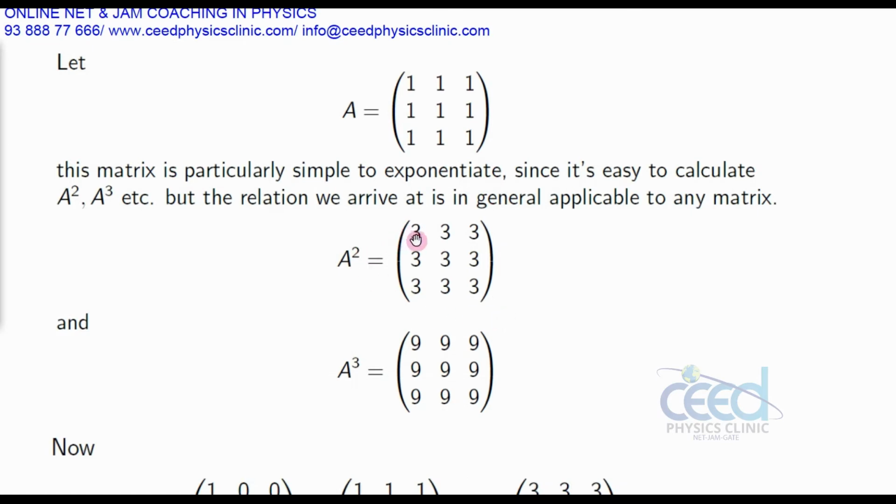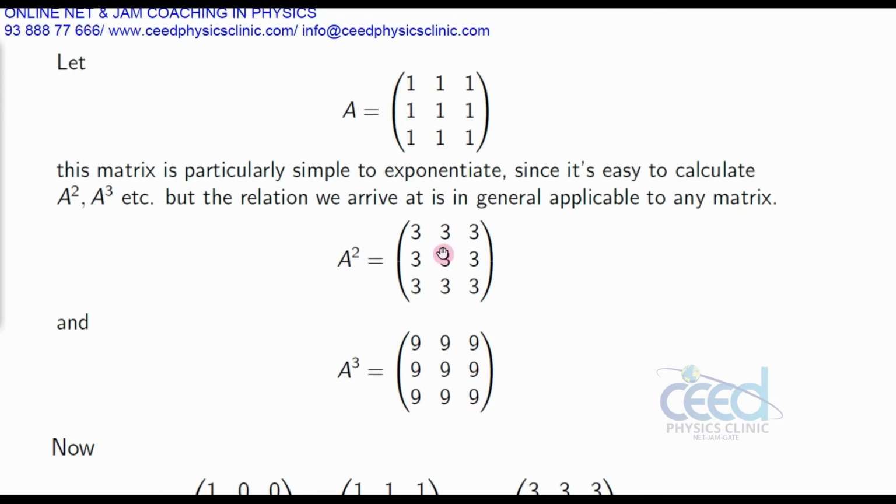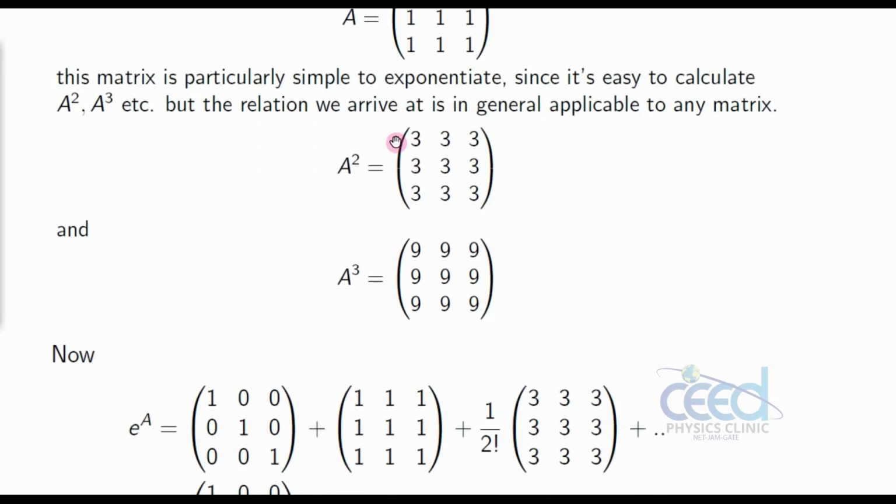So A square is the matrix with all entries 3. Now if I find A cube, the first element is 3 plus 3 plus 3, that is 9, so all entries are 9. So if you take A as this matrix, you will get A square and A cube like this.